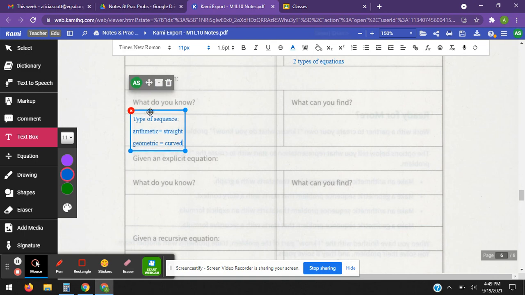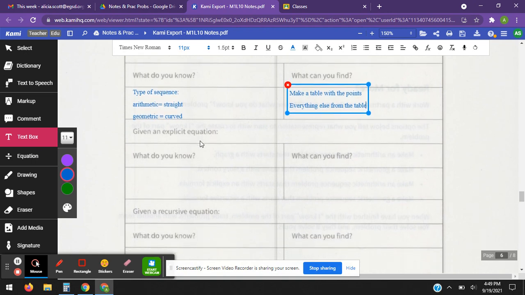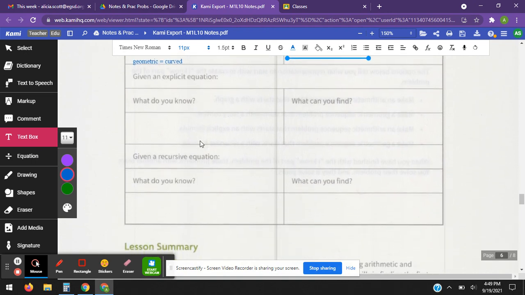Okay, so that's what we can tell by just looking at it. What can we find? Well, we could make a table with the points. And then basically everything else from the table. We also found the common difference from that when our last one we used the points to find a slope. May or may not work as well with the geometric.